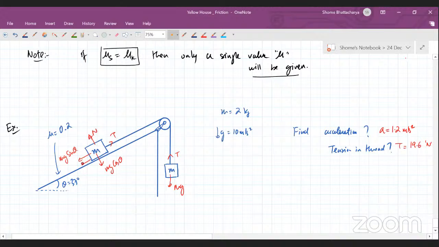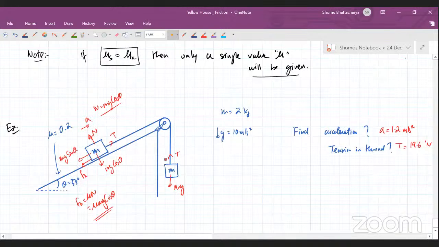Normal reaction, kinetic friction. Okay, so kinetic friction will have a magnitude of mu n in this case. So that is mu mg cos theta. Okay, because normal reaction will equal mg cos theta.